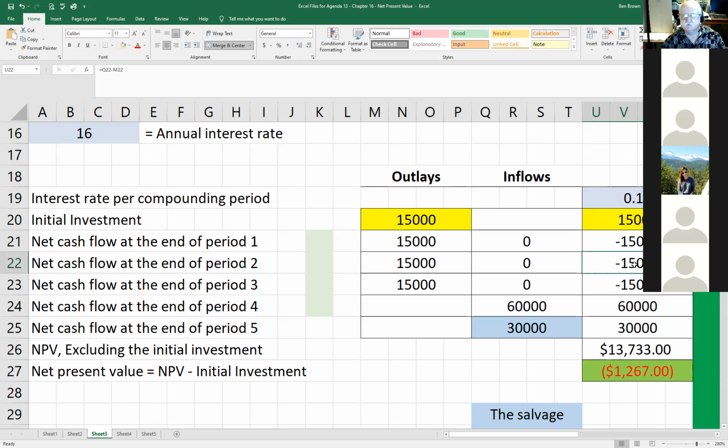For the next year, also negative 15,000, then a negative 15,000. And now we get a positive 60,000 and a positive 30,000.